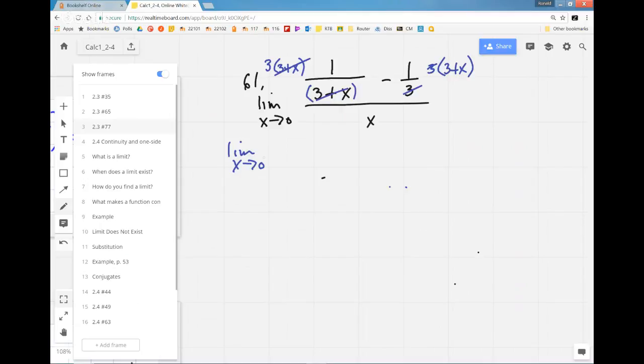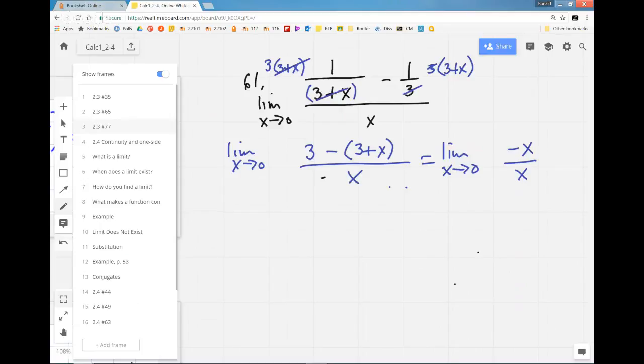what do we have left? On the top, on the left side, we have 3. And on the other side, we have that needs to be subtracted. Okay. Well, that top simplifies, right? I have to subtract the 3, so the 3's are gone, and I have to subtract the x.